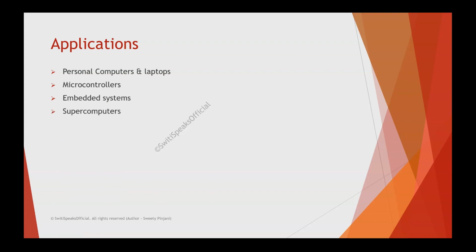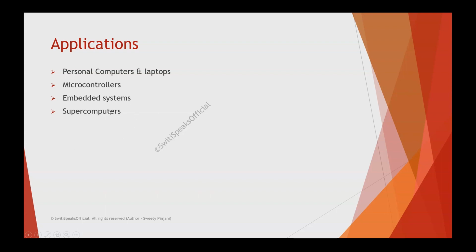Surprisingly, von Neumann architecture is also used in supercomputers. Now you will say that supercomputers need fast processing and von Neumann architecture has a bottleneck. How can it be useful in supercomputers? So in supercomputers, you should remember that they always have multiple processors and they always use very advanced memory management strategies.